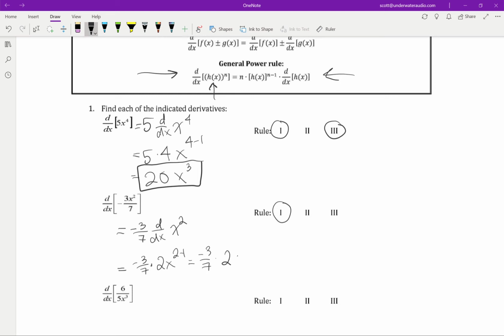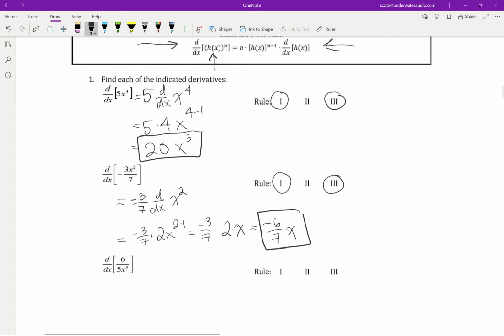And 2 minus 1 is just 1, so that's just an x. And then I'll simplify a bit. Negative 3 times 2 is negative 6. So we get negative 6/7 x. And right in here, we used rule number 3, the general power rule. So far, there hasn't been any addition, so I haven't used rule number 2 yet.